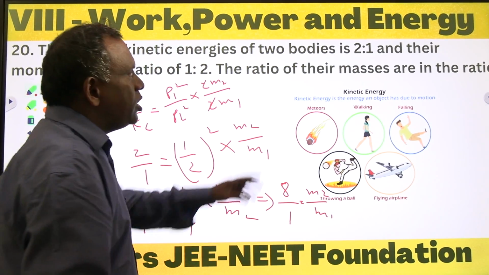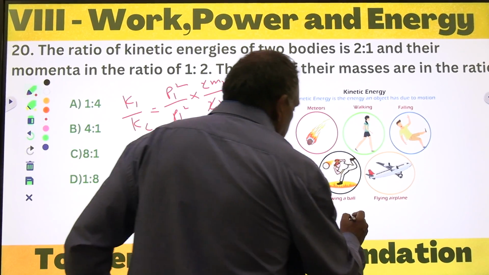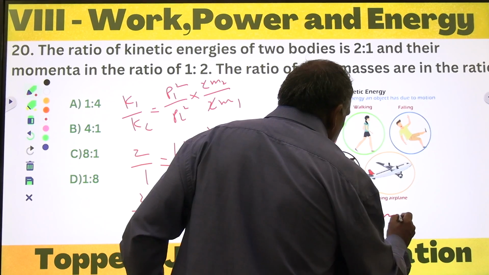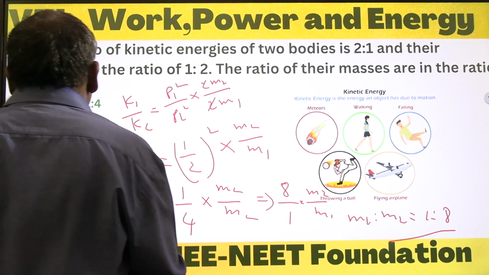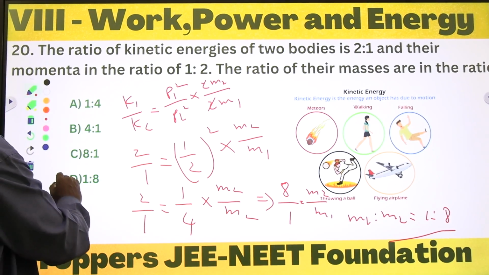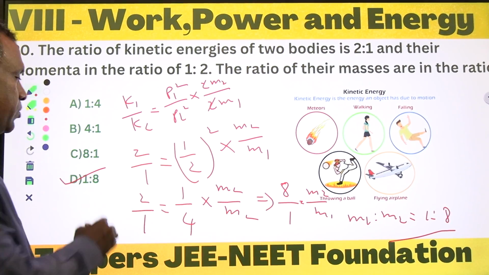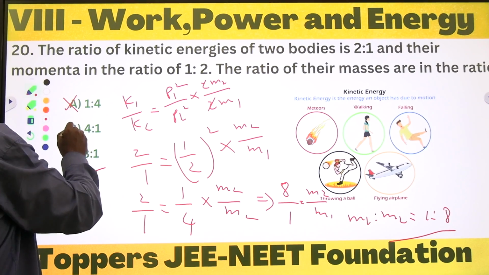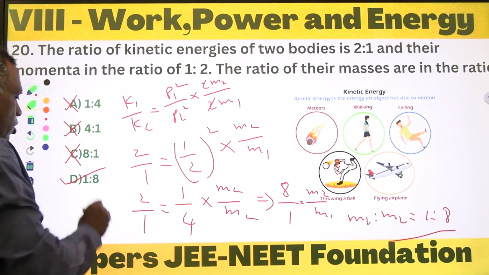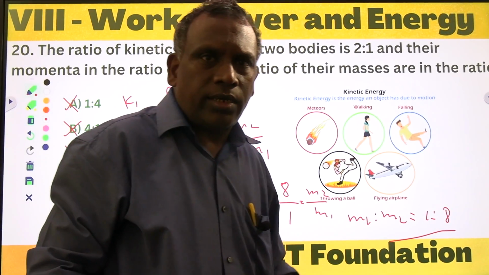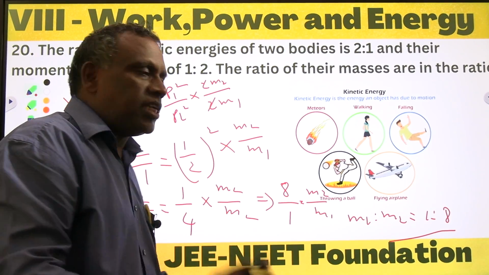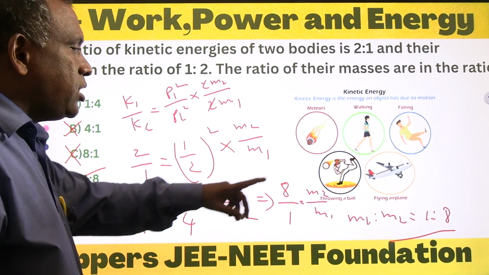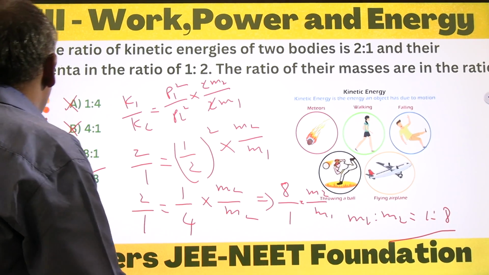But our question is masses are in the ratio, it means M1 is to M2 is equal to 1 is to 8. In the given options, option D is 1 is to 8. The remaining, 1 is to 4, 4 is to 1, 8 is to 1, are wrong. 1 is to 8 is the correct answer. There is a printing mistake, I think, in the book. Please change option D to 1 is to 8.